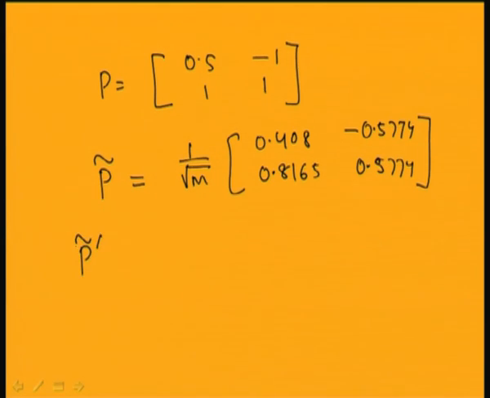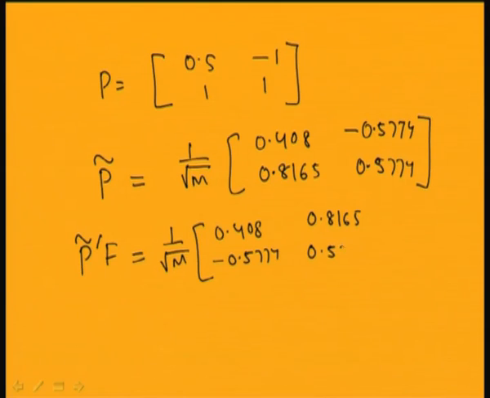this weighted modal matrix transpose with F. So, this becomes 1 by root m times 0.408, minus 0.5774, 0.8165, 0.5774, into F. F is equal to 0, F sin omega t.